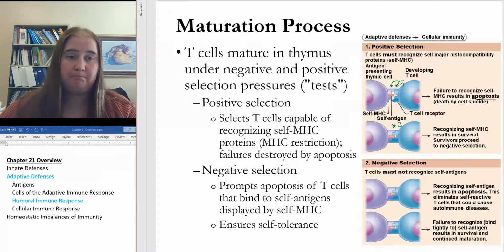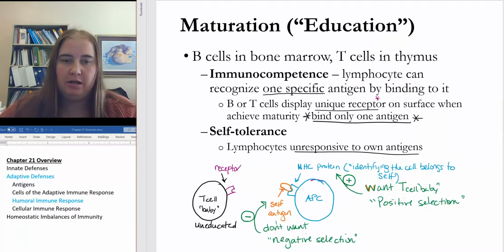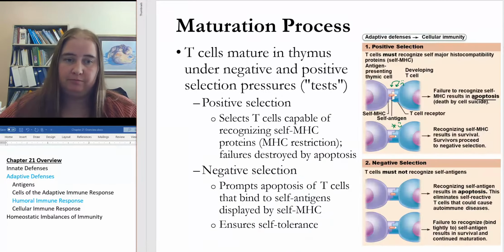Okay? Now, our negative selection is that if we go back, okay, so let's look, negative selection, we don't want to recognize the self-antigen. Okay? So, here we are down here. Now what we're referring to is this little orange thing.